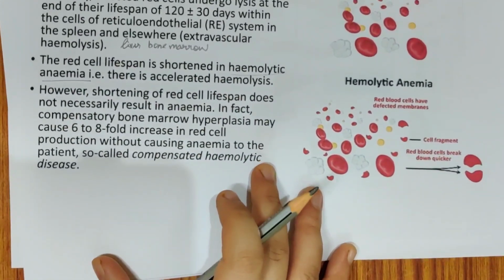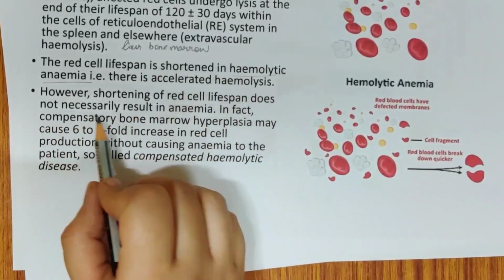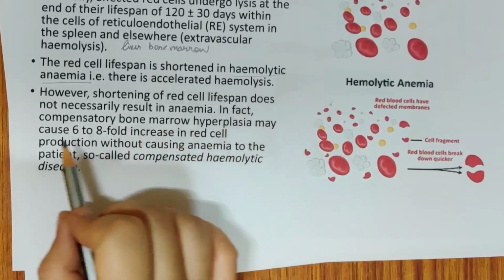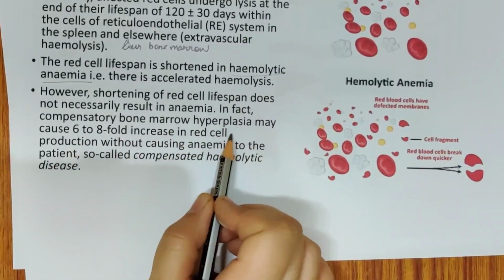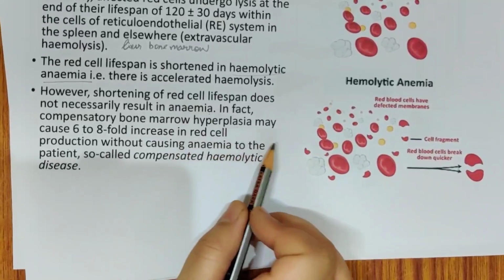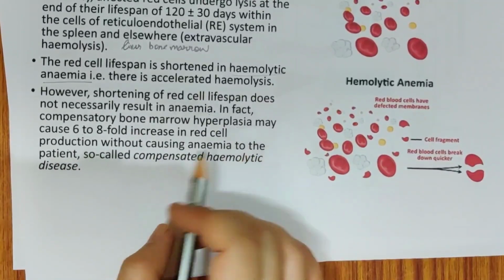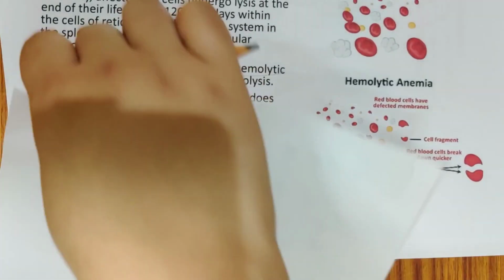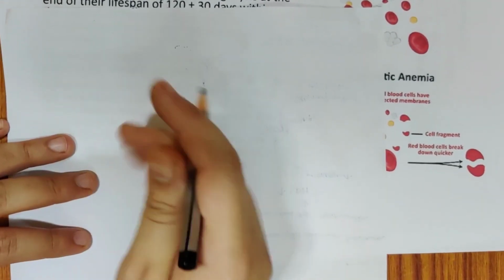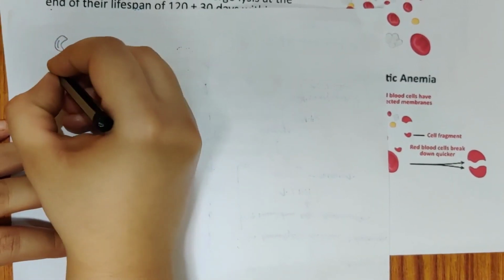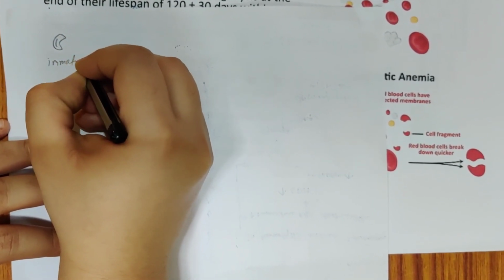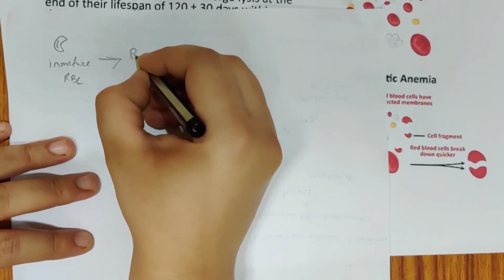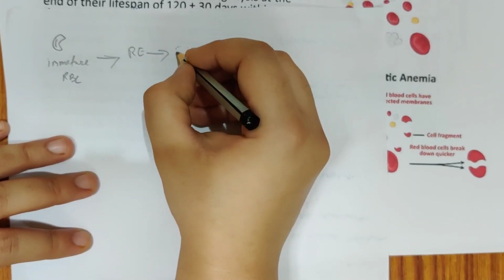Okay. Now, however, shortening of red cell lifespan does not necessarily result in anemia. In fact, compensatory bone marrow hyperplasia may cause a 6 to 8-fold increase in red cell production without causing anemia to the patient, which is known as compensated hemolytic disease. What it means is, if you have an immature RBC, when it goes to the reticuloendothelial system, it gets destroyed.